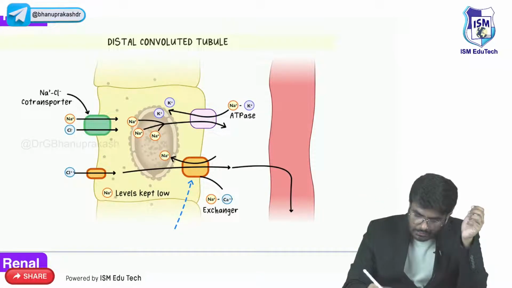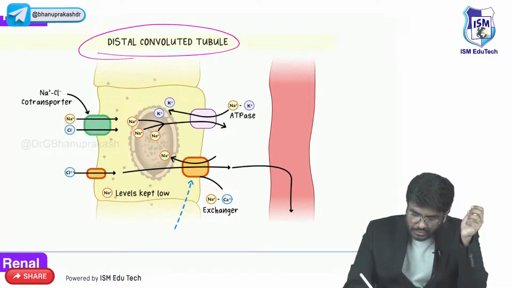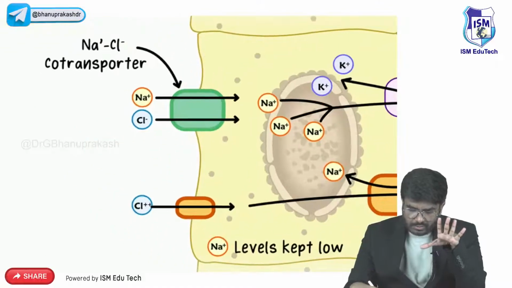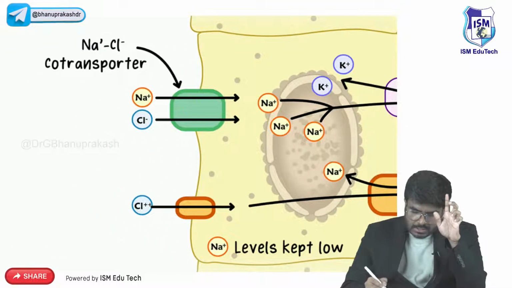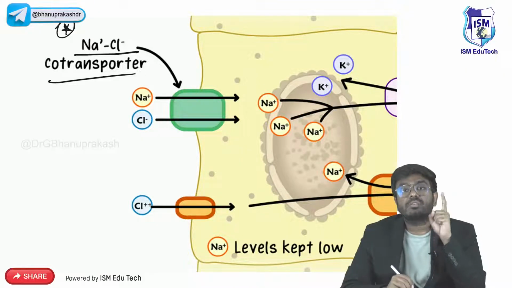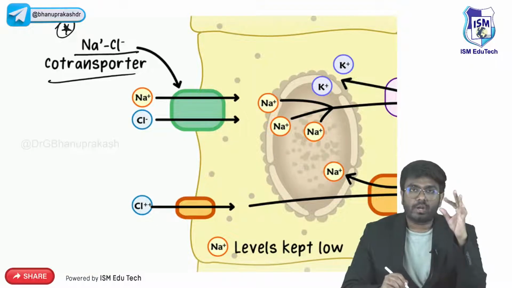Okay, now let's talk about the distal convoluted tubule. When I am talking about the distal convoluted tubule, the one MCQ which I want you to know is the transporter called the sodium chloride co-transporter. The sodium, potassium, 2 chlorides importer is present on the ascending limb of loop of Henle, no doubt.